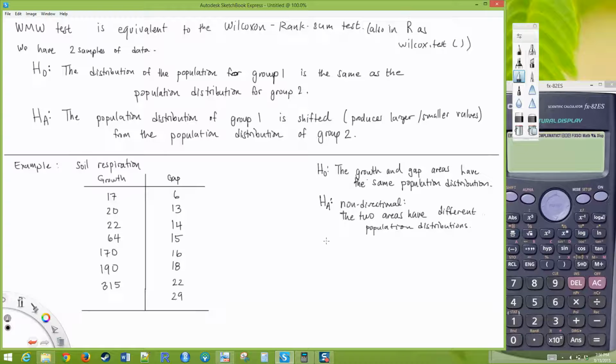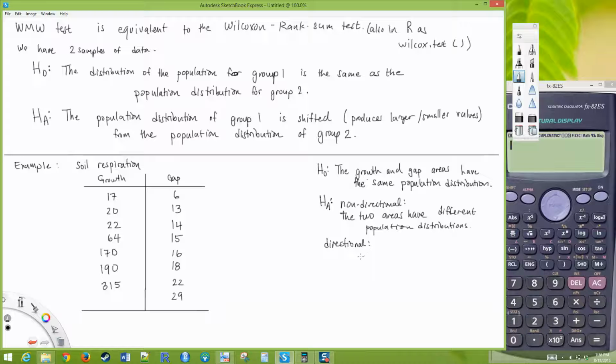The directional alternative should be specified before you look at the data, but perhaps the researchers were expecting the soil to breathe more in the growth area.